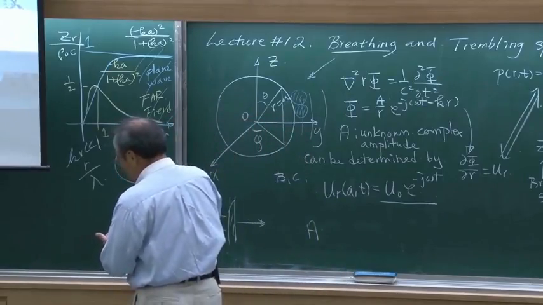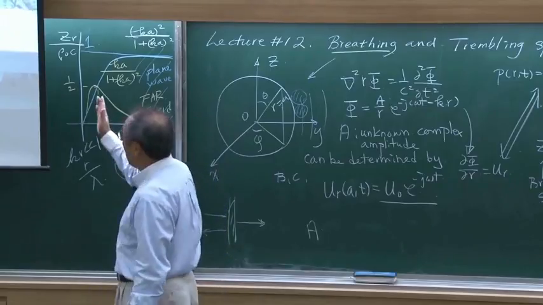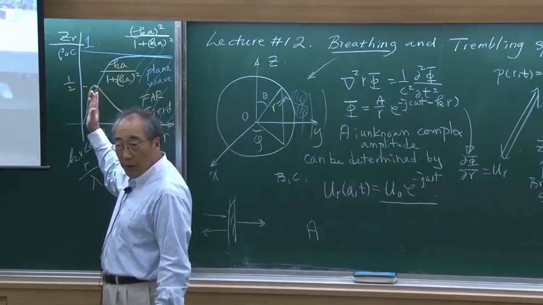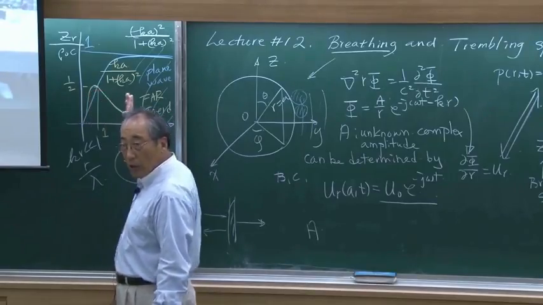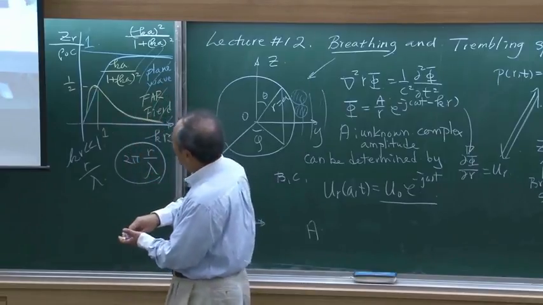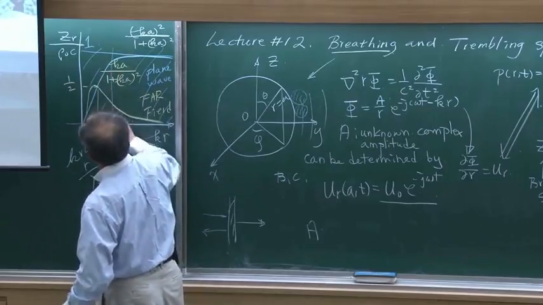So for noise control purposes, we would like to use this kind of behavior. For radiation purposes, we would like to use this far field behavior. And this region we call the near field.